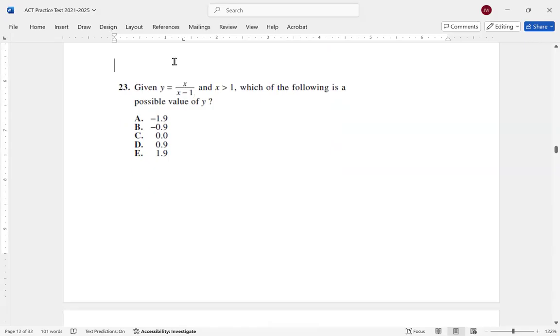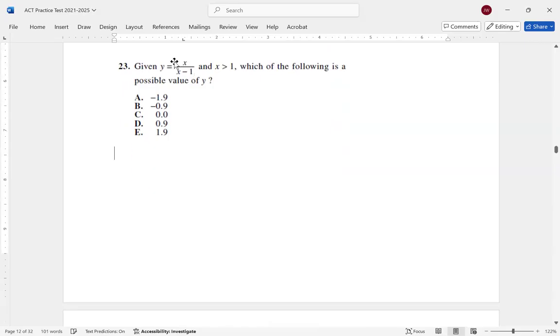Question 23. Given that y is equal to x over x minus 1 and x is greater than 1, which of the following is a possible value of y? It gives us some possible values for y. Obviously, we don't want to plug in all kinds of numbers for x, so we just use logic here.